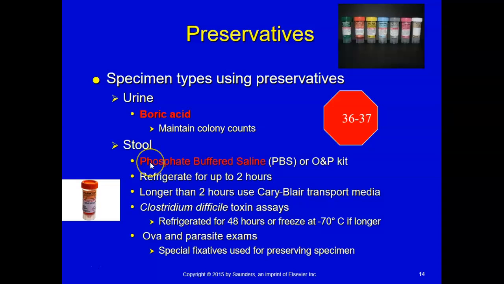So the stool can be preserved with phosphate buffered saline, but we don't usually use that. We're going to use Cary-Blair, and we're going to come back to that in a minute. But we can preserve stool with phosphate buffered saline, Cary-Blair, but not anything like salt water. That would be silly.